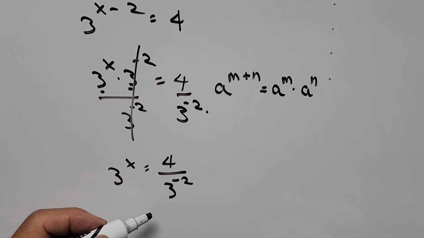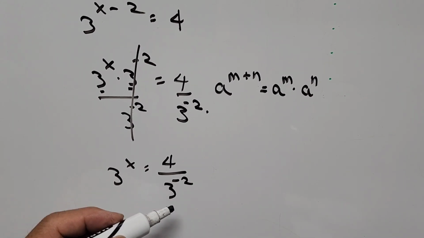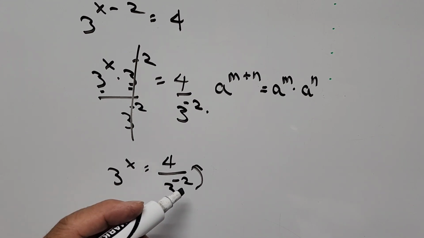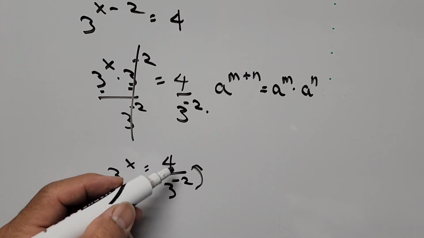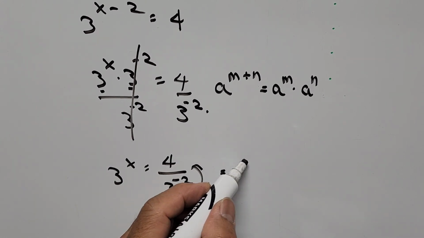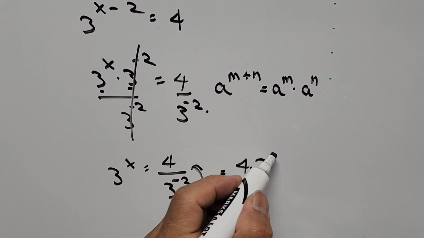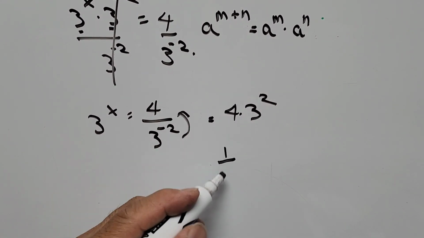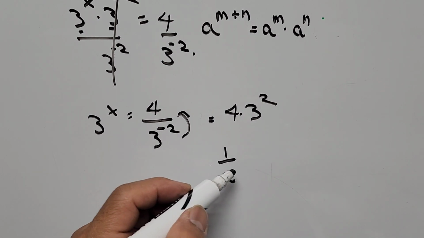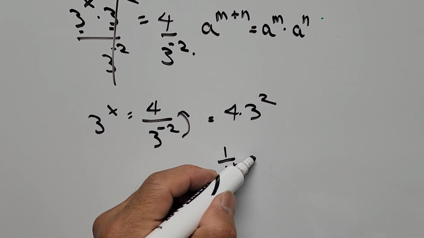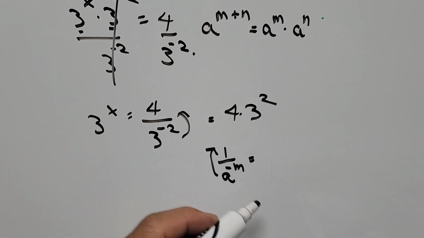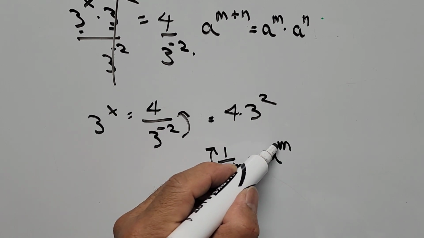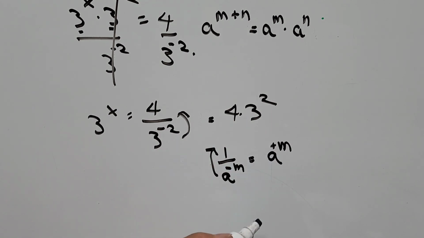And here we can put the denominator to the numerator, right? Since having a negative exponent implies that this can be moved to the top. So this is now equal to 4 times 3 to the power of positive 2. This is from the exponent formula: if we have 1 over a to the power of negative m, putting this denominator to the numerator will become a to the power of m, and this is now positive, from negative to positive.